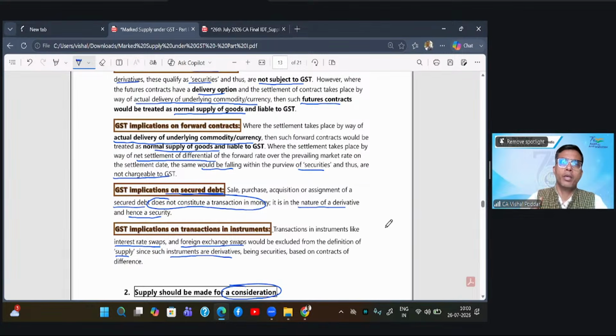When one branch sends goods or services to another branch, and both have separate GST numbers but the same PAN, we call them distinct persons. Last year's lecture also we understood this. When one branch is sending goods or services to another, Schedule 1 says you will treat it as a supply. So the seller branch will be charging GST and the recipient branch will get the ITC. There is no challenge with the ITC.